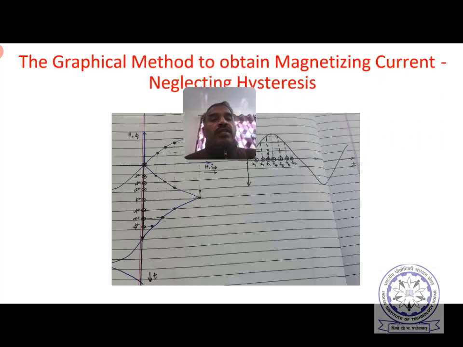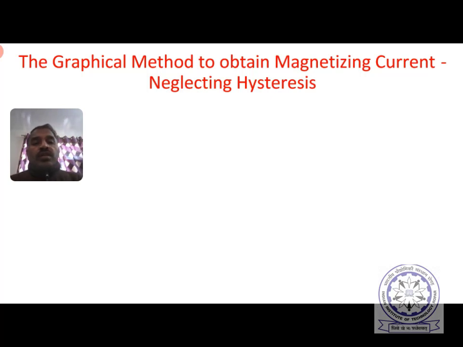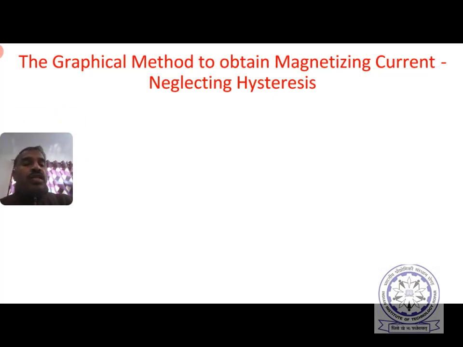Here it is given the graphical method to obtain the magnetizing current neglecting hysteresis. So I will just plot this in the next graph. Let us see how they are related. It is to be done very systematically.